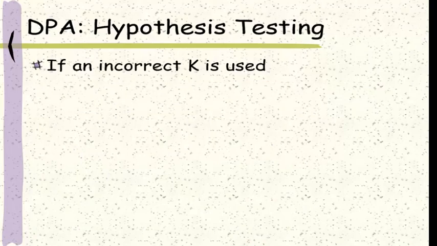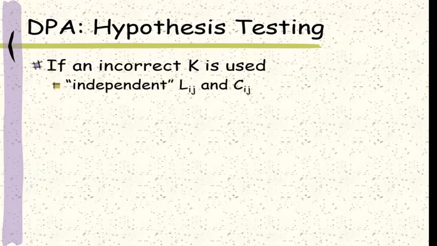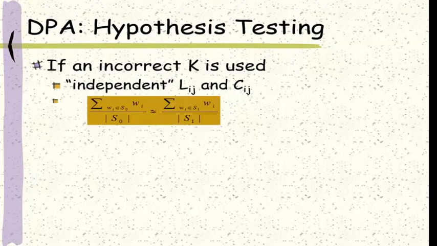If an incorrect key k is used to compute the outputs L sub i's, the values of L sub i and the real output c sub i will not have any correlation. Recall that the two subsets S0 and S1 are partitioned based on the bit value of L sub ij. But the power waveform w sub i's come from the real computation of c sub i's.